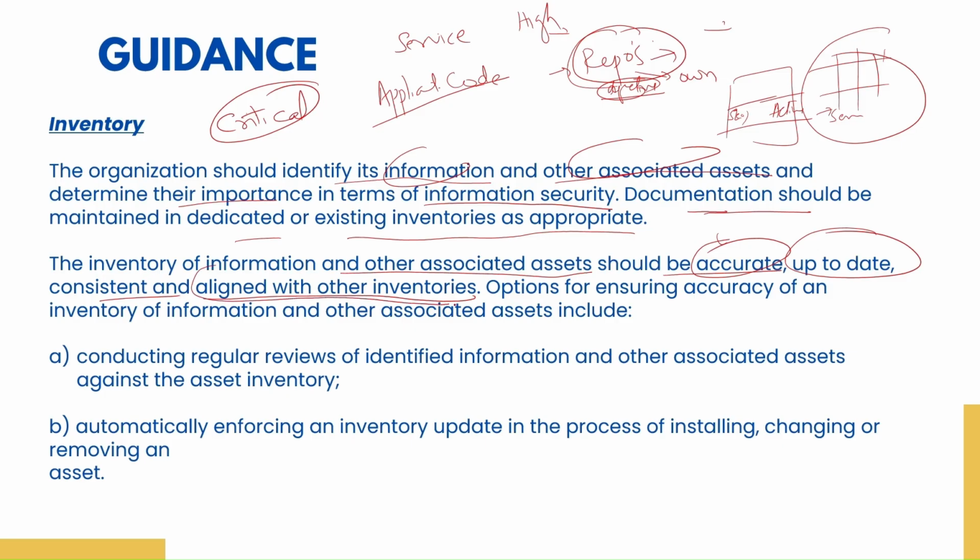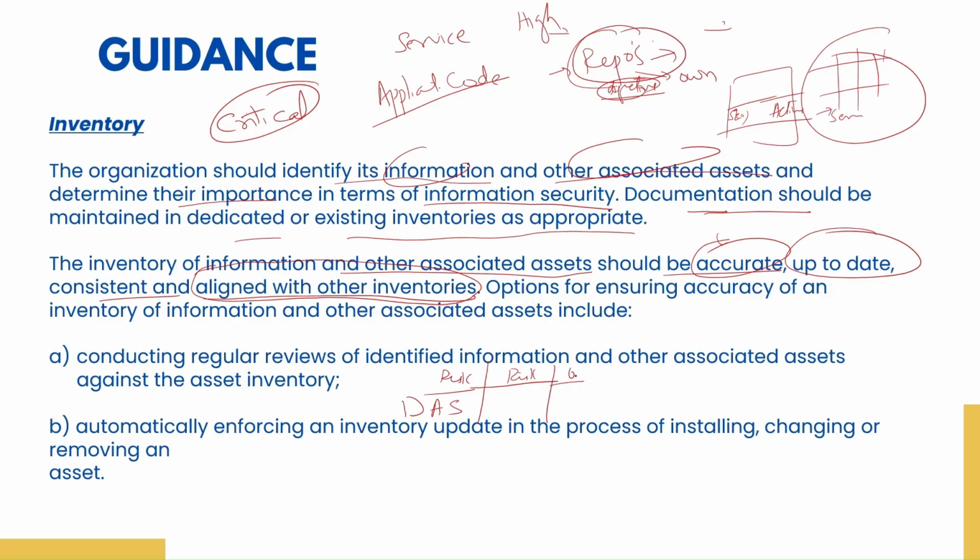So what does this line say? Align with other inventories. If you have not watched my risk register video, go ahead and watch that video. I'll just give you a little bit of what a risk register is. In a risk register, you will maintain, okay, this asset, say a database server, has a risk that you have identified.